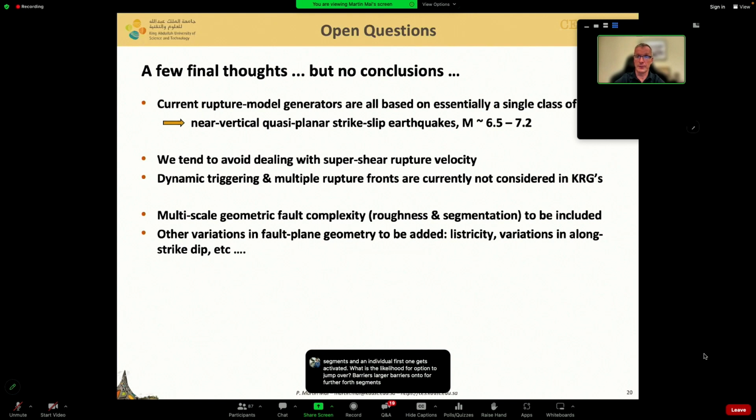And this is something we can include in the kinematic simulations. And that actually can be extended to considering other variations in fault plane geometry, like listricity, or variations in the along-strike dip of the fault. The way we constructed our rupture model generators as of now does not contain any of that information.